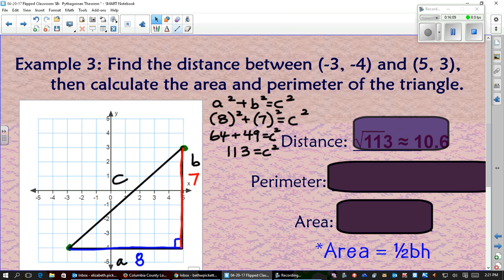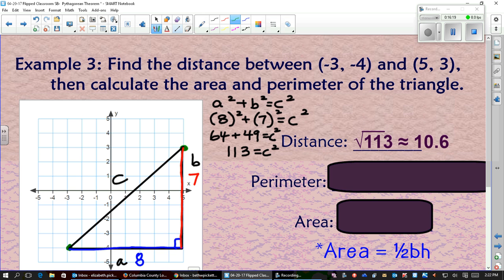Take the square root, and that will give us that the hypotenuse is the square root of 113, or about 10.6. Let me label that. I now know that C is the square root of 113, or approximately 10.6.